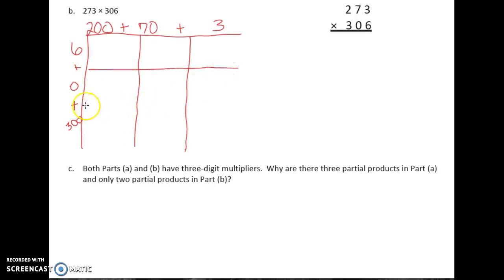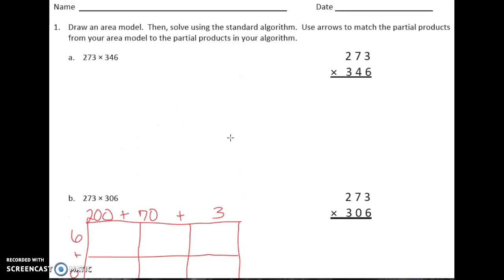I'm going to make this little outline and we'll take a look at problem A and see if we can start with a theory. Kind of a guess as to why, perhaps, we're going to end up with 2 partial products for the second one, whereas we do not in this one. So when you take a look at this one, it's got 3 digits here that are whole numbers, and same with this one.